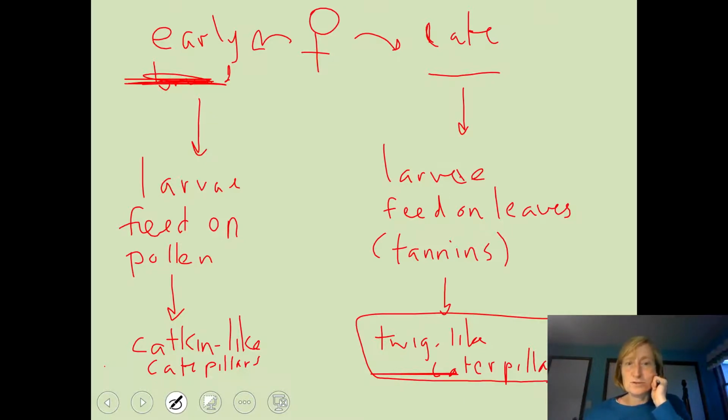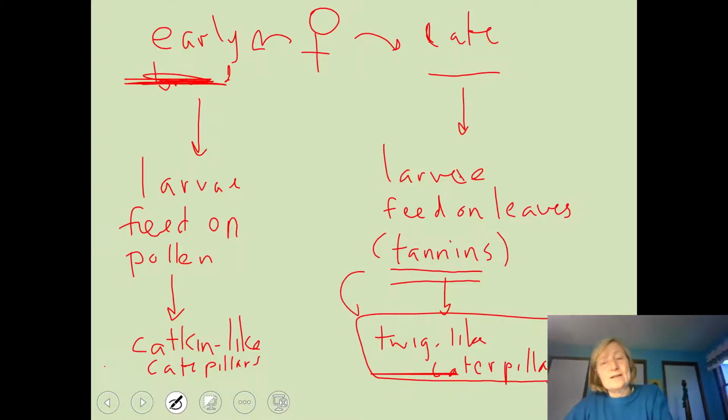In the end, they do develop into the same types of moths. What happened? It has to do simply with their diet. The animals that feed on tannins within the first 3 days after they hatch will develop into these twig-like caterpillars. If you don't feed on tannins, you develop into the catkin-like caterpillars.